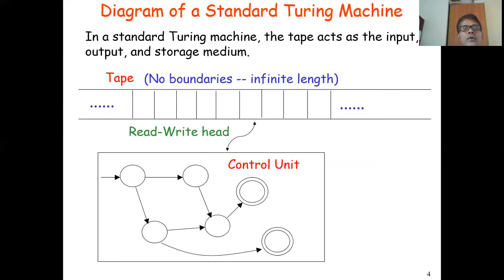And we have the control unit that contains many states: the start state, final states, and intermediate states. It is a deterministic machine, in which the state changes from one state to another.